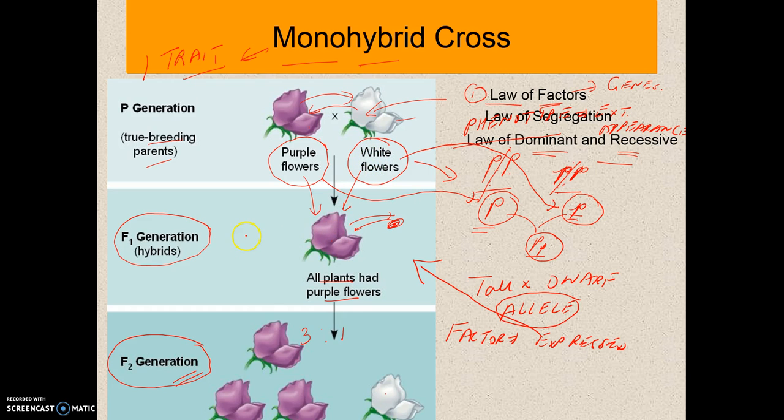No. Only the factor that was the uppercase P was expressed in the F1 generation of the monohybrid cross. And this is the dominant factor. The one that is finally expressed in the F2 generation as the white flower, in this case, is the one which is recessive. As long as the dominant is there, the recessive will never be able to express itself.